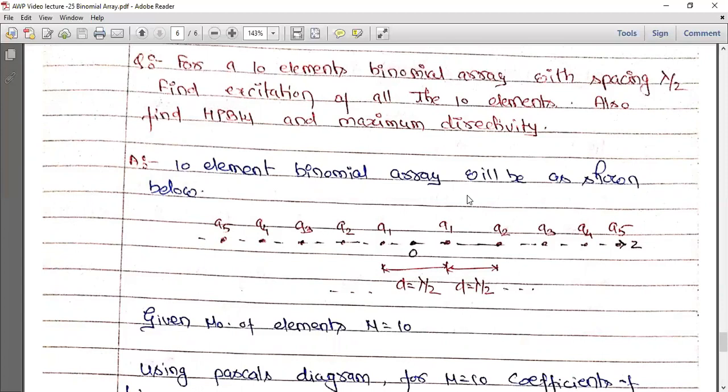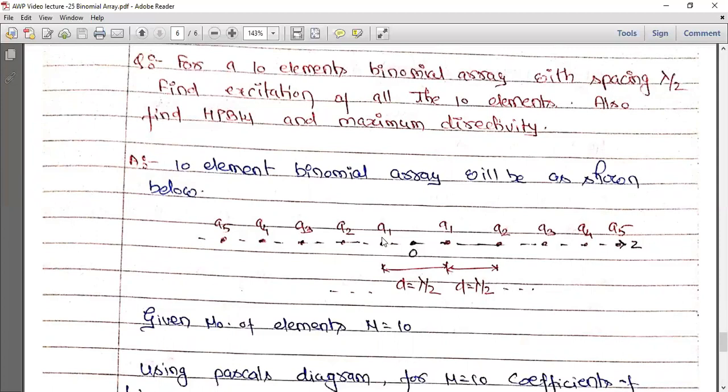Since there are 10 elements, there is an even number of elements in the antenna array. So when you position 10 identical elements on the z-axis symmetrically about the origin with constant inter-element spacing d, which is given as lambda by 2 here, the positions are as shown in the figure. This is the origin. The elements with excitation A1 are at z equals d by 2 and z equals minus d by 2.